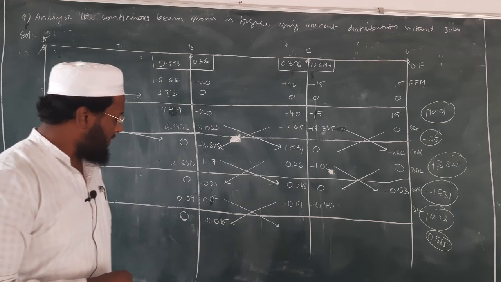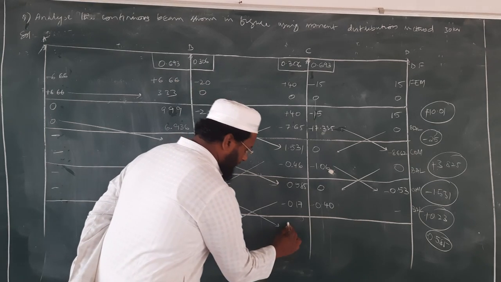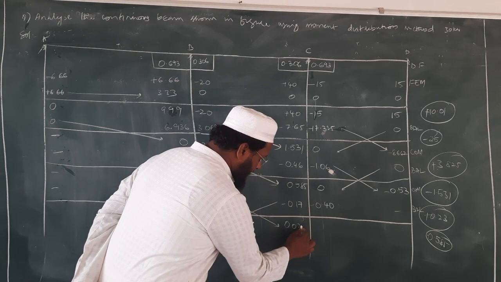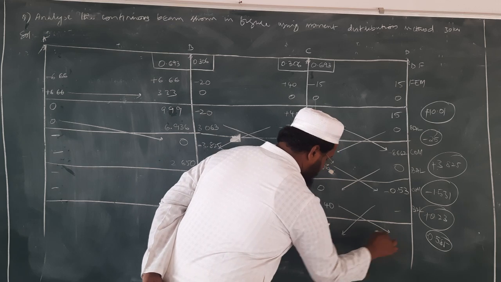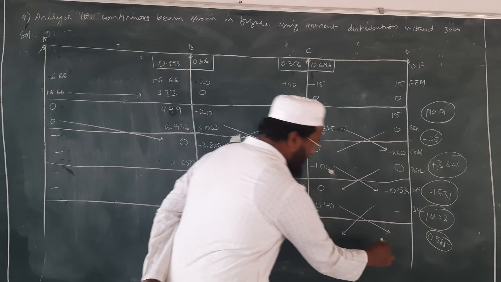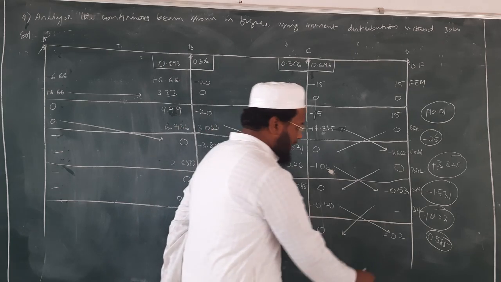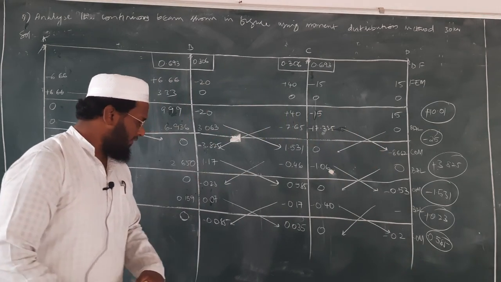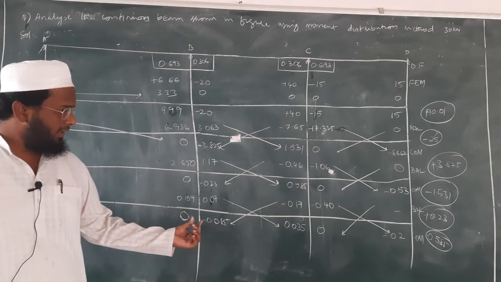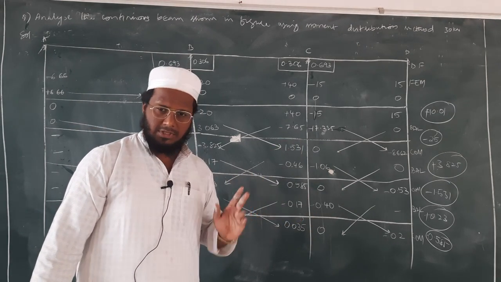Okay. 0.035. Here also it is 0, minus 0.2. Okay. So this is carry over moment. So see here we got 0.0. Okay. Here we got 0.0. It's almost equal to 0 only, right?